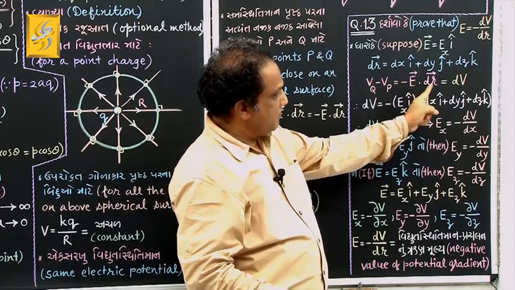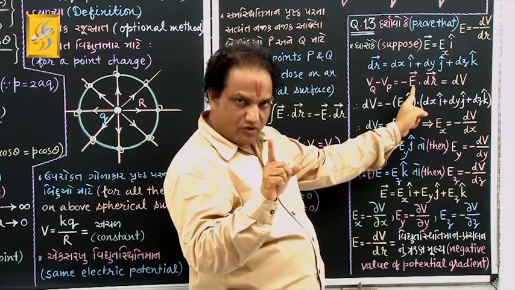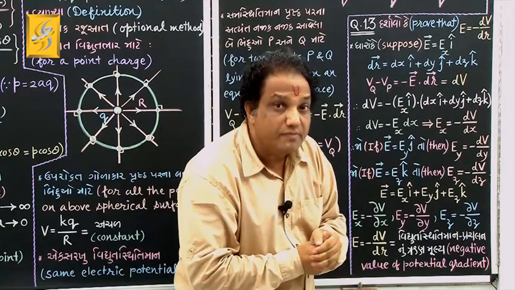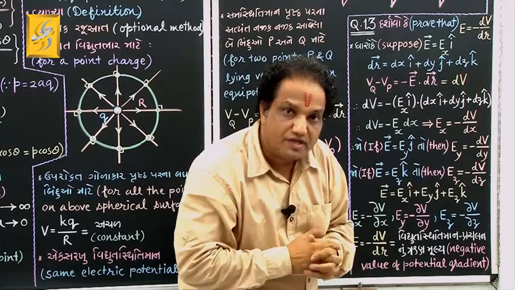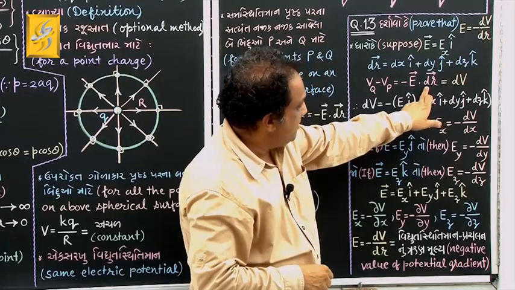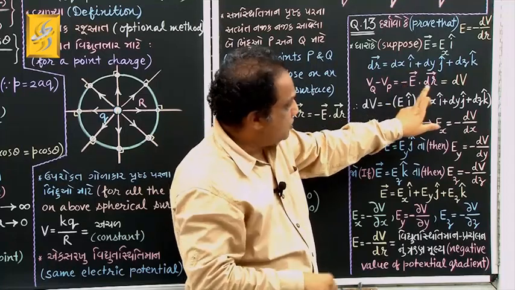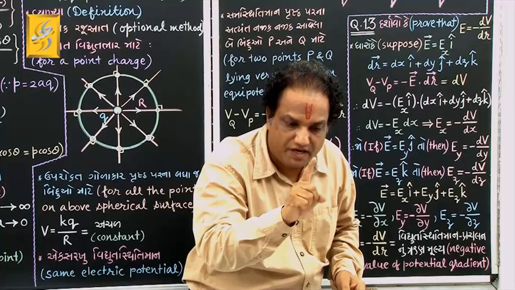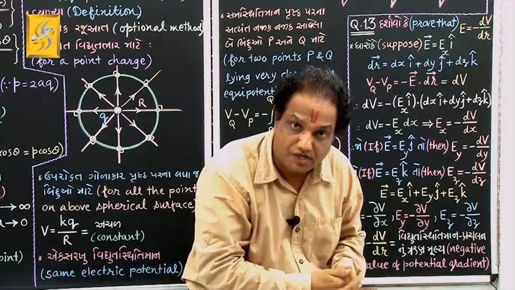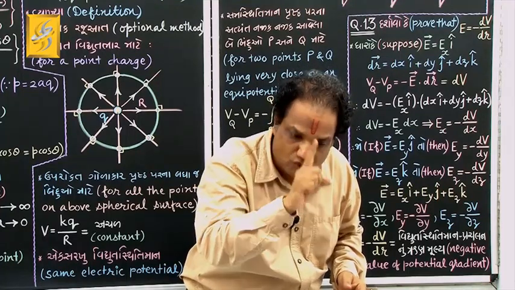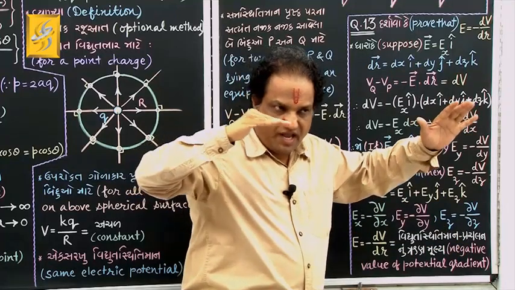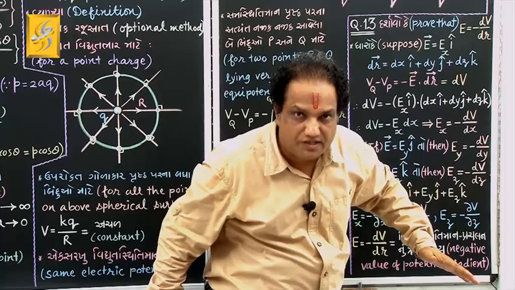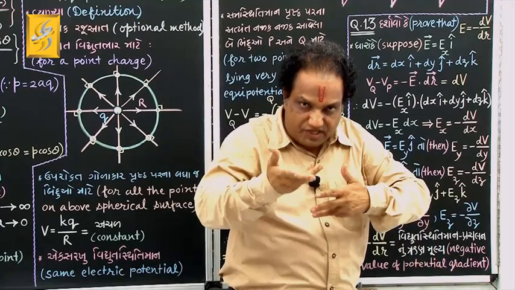When these two vectors have the same direction, the angle between them will be 0 degree. Cos 0 degree is 1. So plus 1 into minus will be minus. So dV value will be negative. When change in potential is negative, it indicates a decrease in electric potential. So remember, whenever we move in the direction of electric field, potential decreases. Now think of the reverse case.